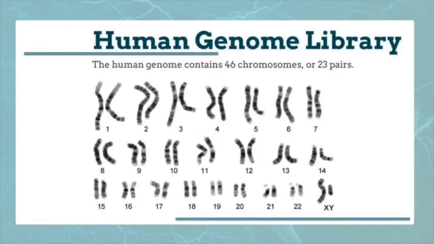We all have 46 chromosomes that are paired together into 23 pairs. There are 22 pairs of non-sex chromosomes and 1 pair of sex chromosomes. Pairs of non-sex chromosomes are identical in size, shape, position, and number of genes.